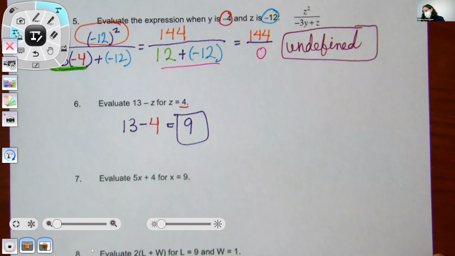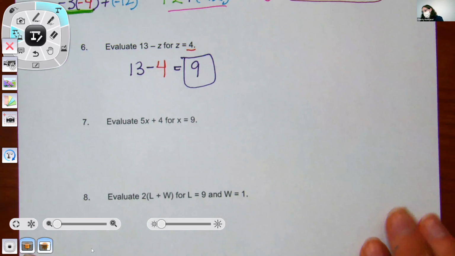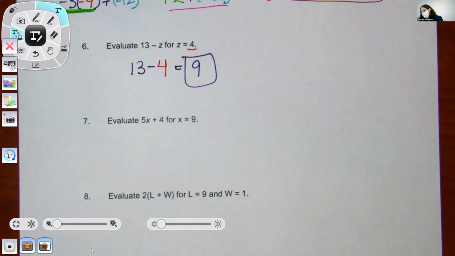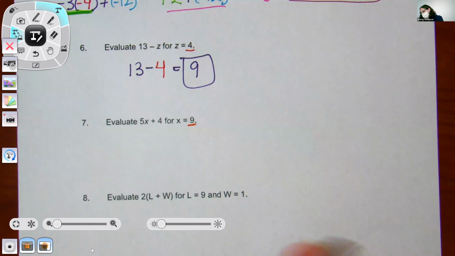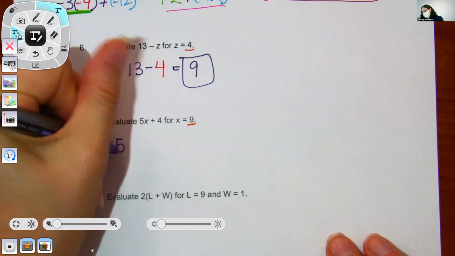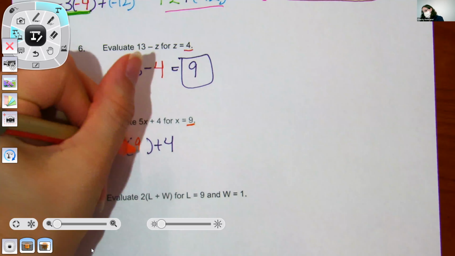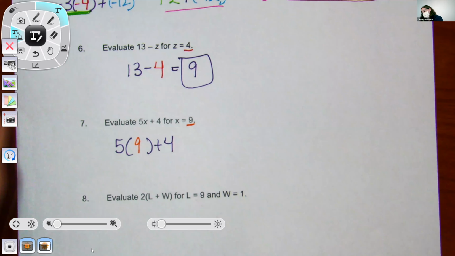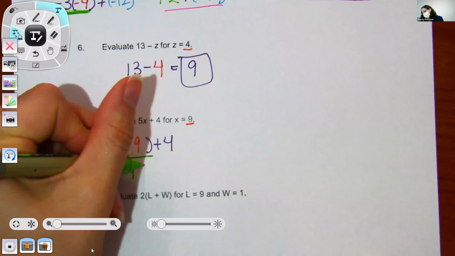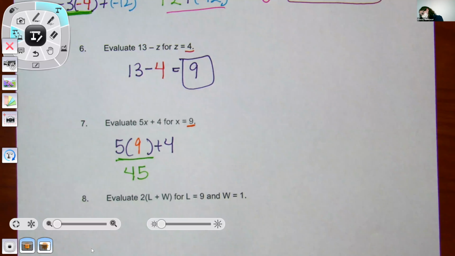Number 7, evaluate 5x plus 4 for x equal to 9. So that would be 5 times 9 plus 4. So we're going to multiply 5 times 9 equals 45. And 45 plus 4 equals 49.